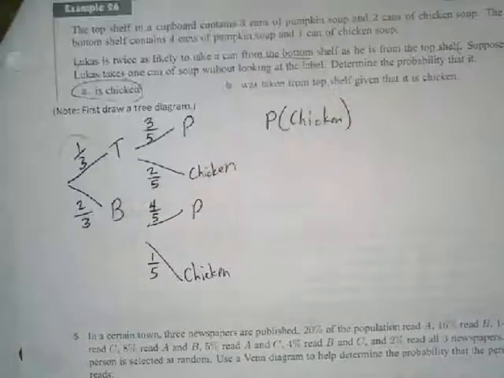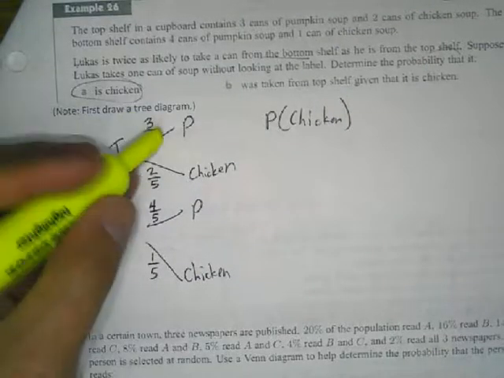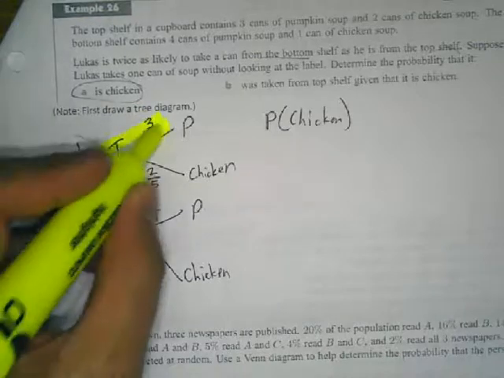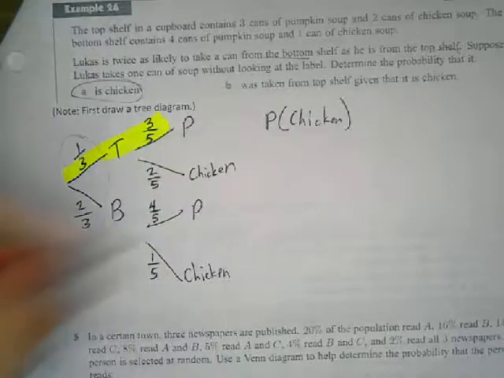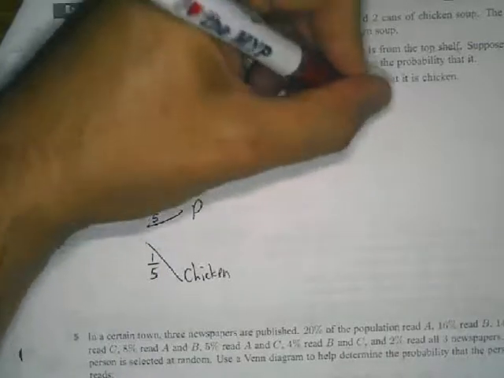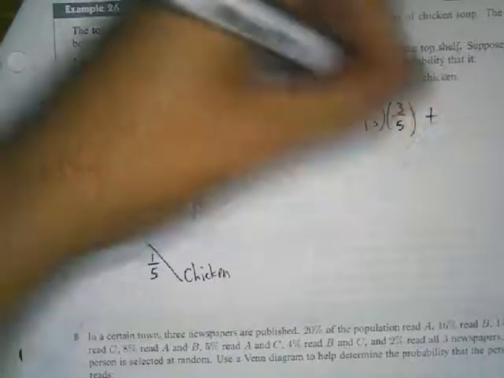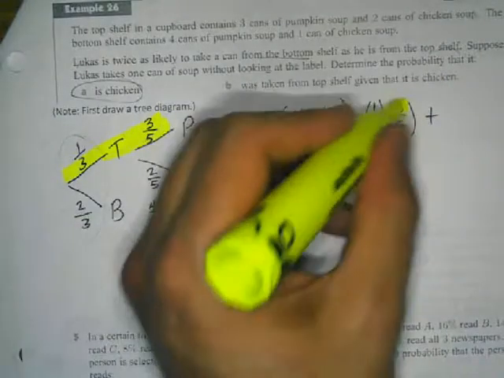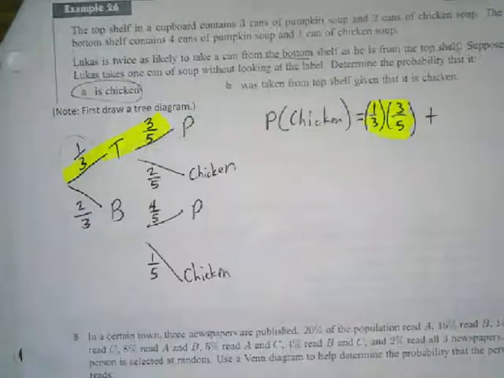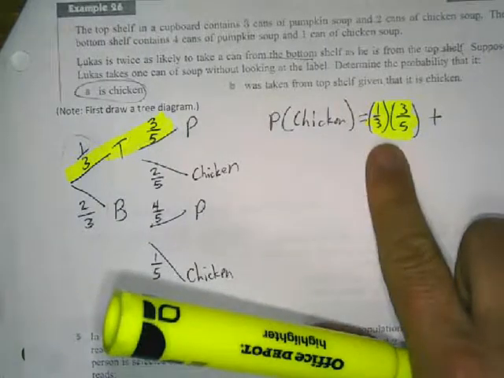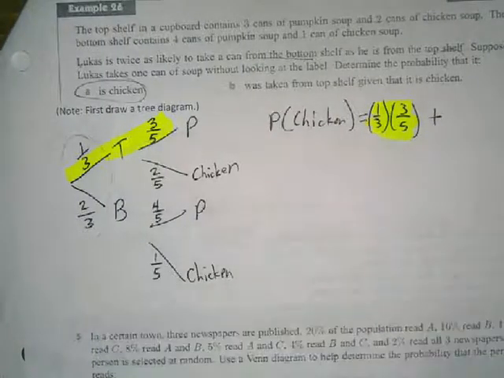Okay, so if a person likes chicken, they either get it from the top shelf, which is 1/3 times 3/5. And so this is the probability of top shelf. Oh my goodness, I got this mixed up. Let's just use a totally different color.